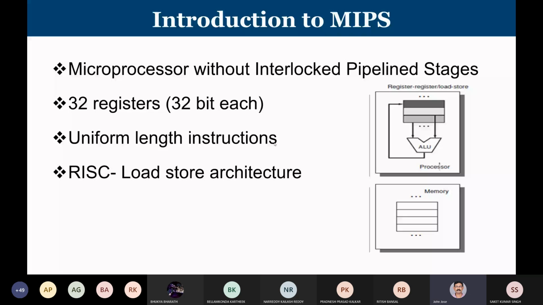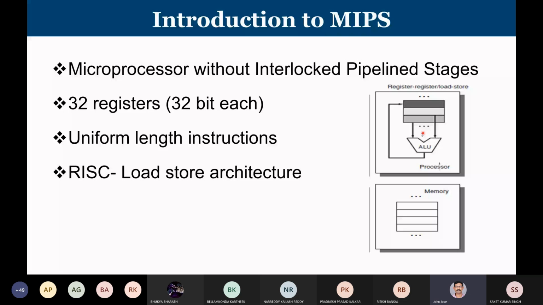When I talk about load store architecture, which you can understand from this diagram, you can see that the ALU, which performs the operations, always takes its input from registers. What you see as the sequential row there is basically your register set.